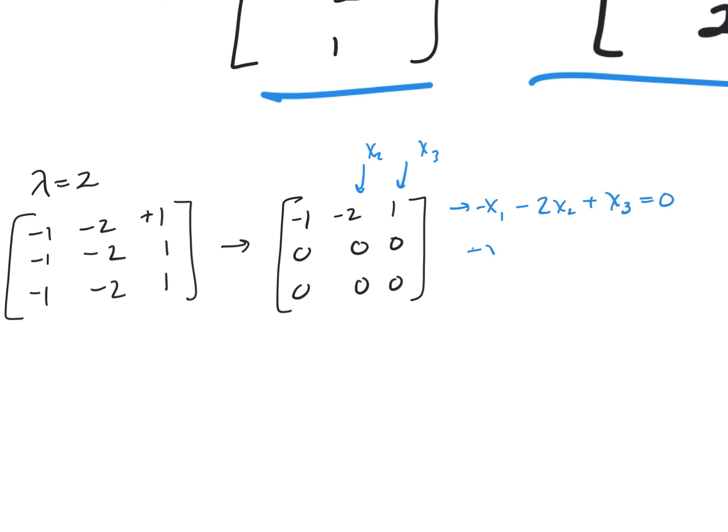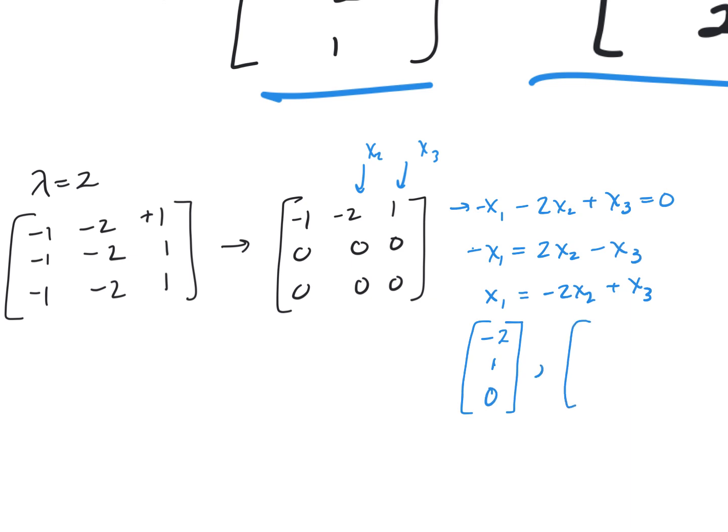So negative x sub 1 is equal to 2x sub 2 minus x sub 3, which means x sub 1 is equal to negative 2x sub 2 plus x sub 3. Starting with the x sub 2's, I have negative 2 x sub 2 is equal to x sub 1. X sub 2 is in terms of itself, and x sub 3 is not available.